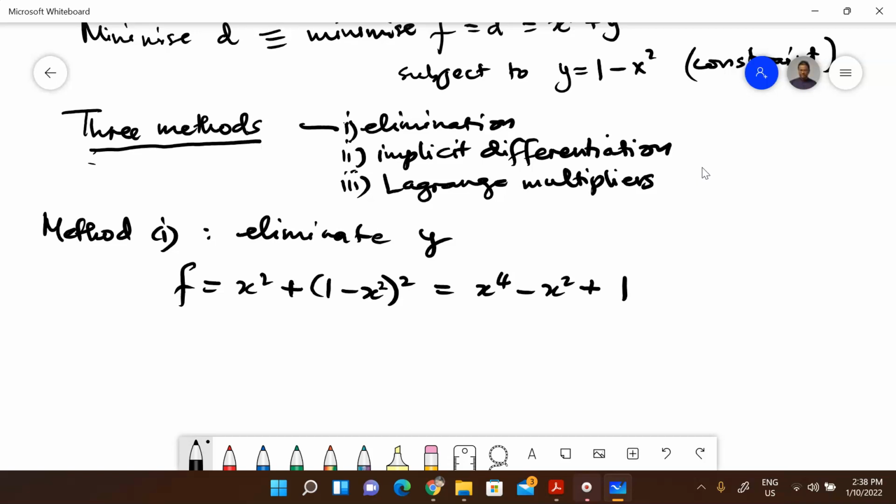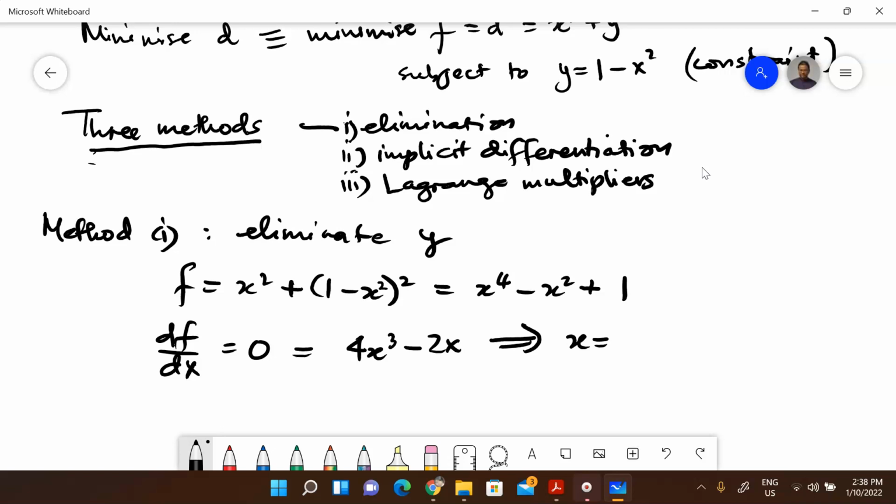And then you do the normal calculus thing. You have to find the stationary points by taking the derivative and setting it equal to 0. So essentially what you have here is 4x cubed minus 2x. The constant will give you derivative 0, so let me get rid of that. And if you factorize this, you can bring x outside.